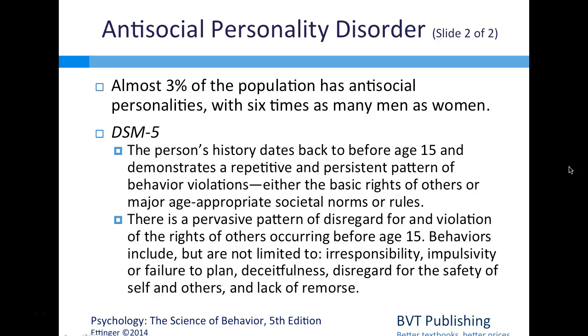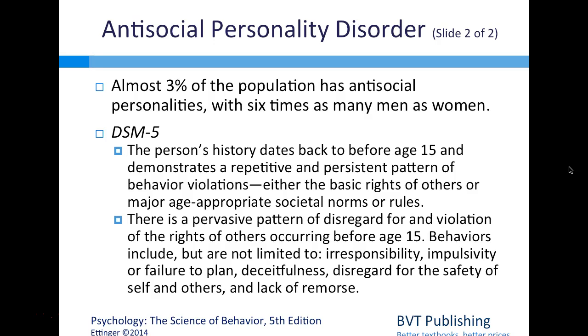Almost 3% of the population has antisocial personalities, 6 times as many men as women, okay? Criteria from the DSM-5: the person's history dates back to before age 15 and demonstrates a repetitive and persistent pattern of behavior violating either the basic rights of others or major age-appropriate societal norms or rules.